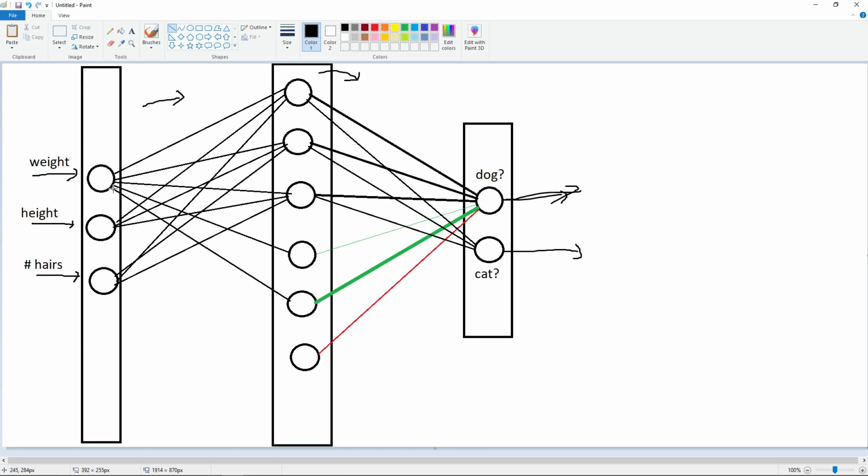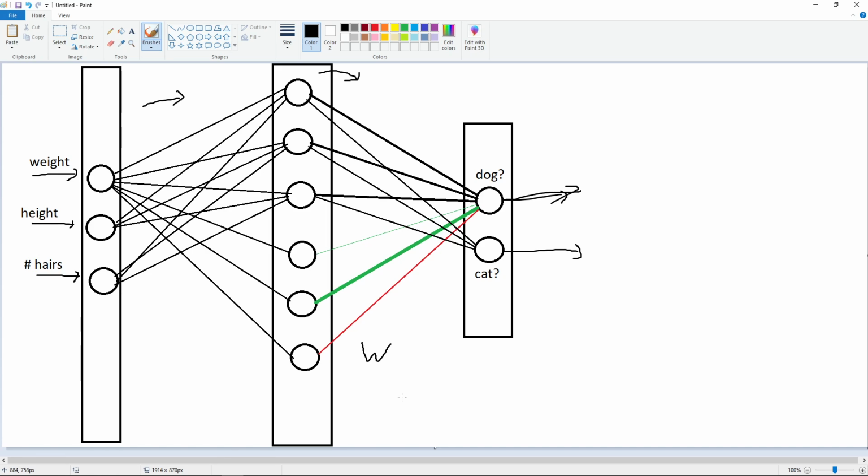And let me just add one more link here, okay, so that it becomes clear that all these receive from all these on the left, and then these neurons here receive connections from all of these neurons. And these connections, these levels of confidence, as indicated here by the colors and the thickness of these lines, are going to be modeled by weight matrices that we are going to represent with a W, as in weight.